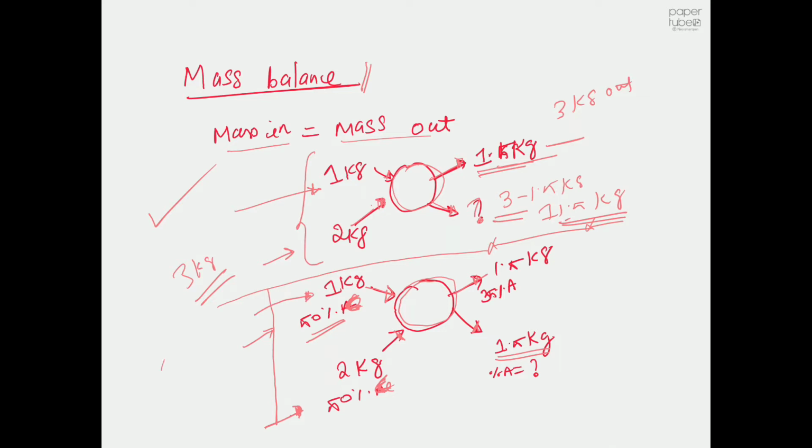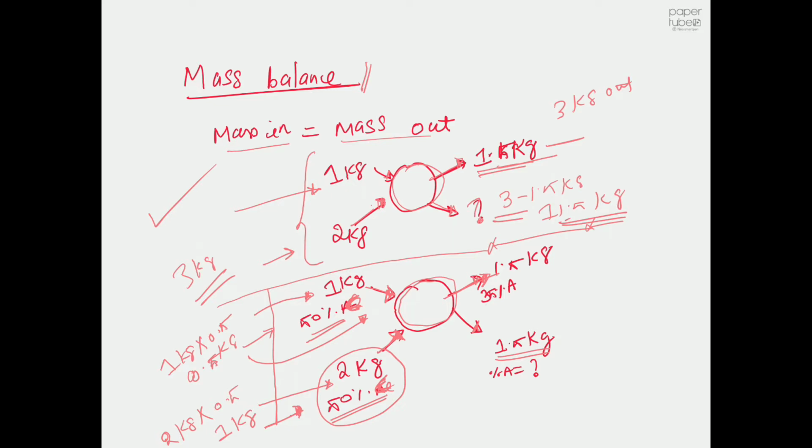It's exactly 1 kg multiplied by 0.5, so 0.5 kg goes into the first stream. Here it's the same: you have 2 kg, and out of that 50% will be your compound C, so 2 kg multiplied by 0.5 is 1 kg. So 1 kg of C goes into input stream 2, and 0.5 kg of C goes into input stream 1.